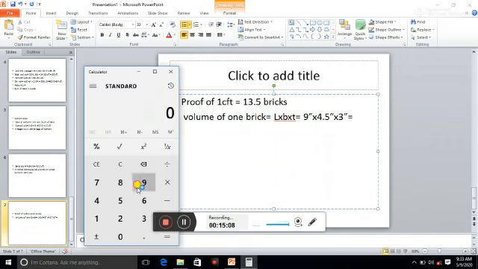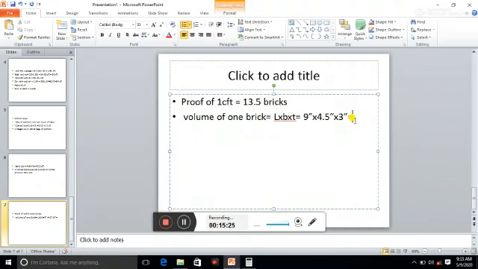So 9 multiplied by 4.5 multiplied by 3 is 121.5. Now this is in cubic inches. To convert it into cubic feet, we will divide it by 1728.